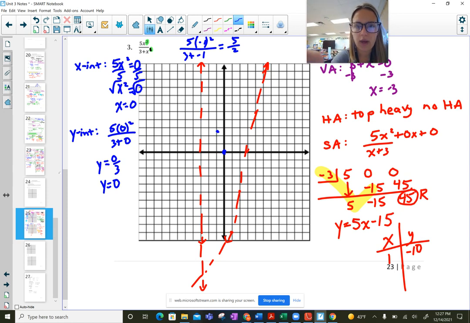Let me put in just a 1. So 5 times 1 squared equals 5 all over 3 plus 1, which is 4. So this goes 1, 5 over 4, which is 1.25, something like that.